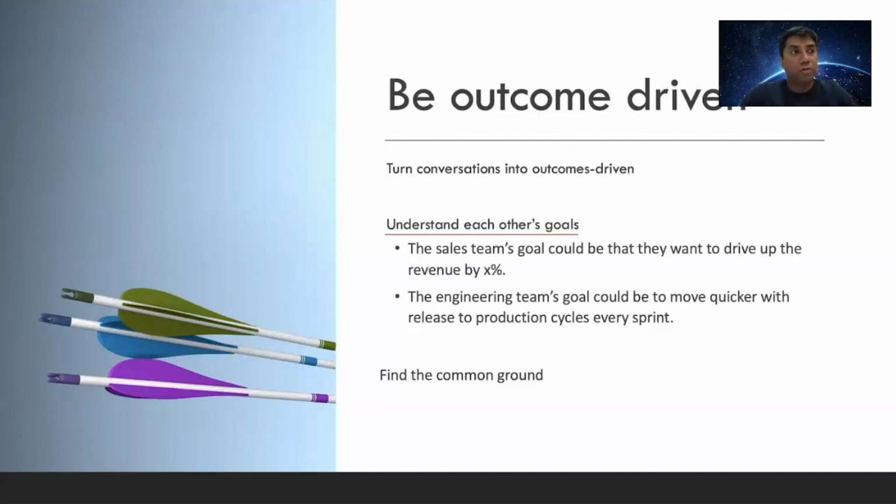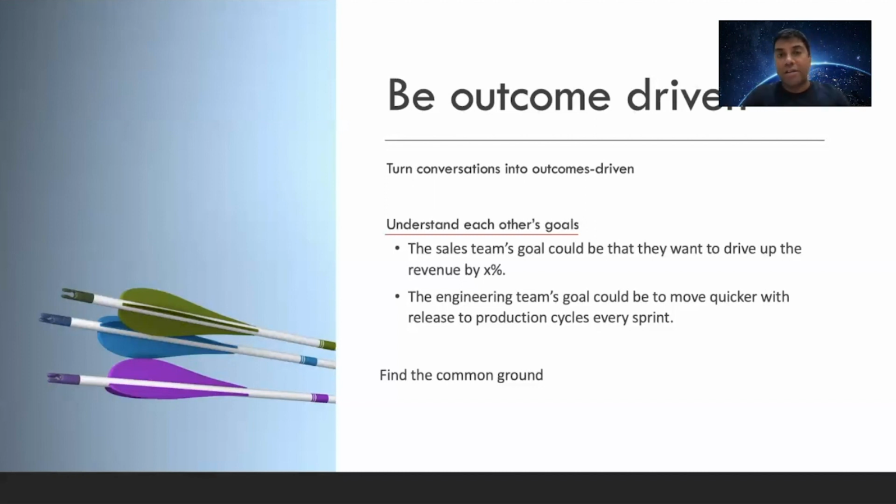Sometimes you would go and talk to the sales team and realize that their goal for this quarter or for the next 3 quarters could be to drive up the revenue by X%. You could then change the conversation. You could say, hey, my product team is building this particular feature, which we think is going to drive user engagement up by, let's say, 10%.